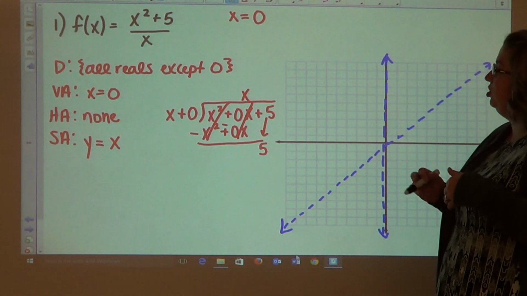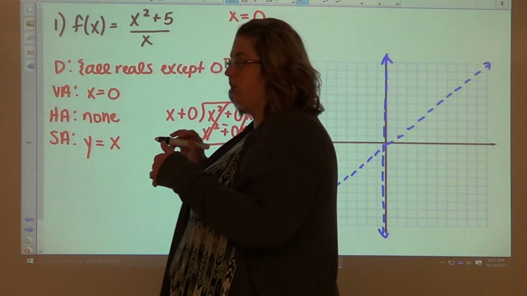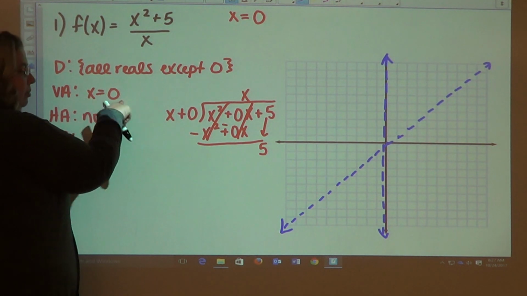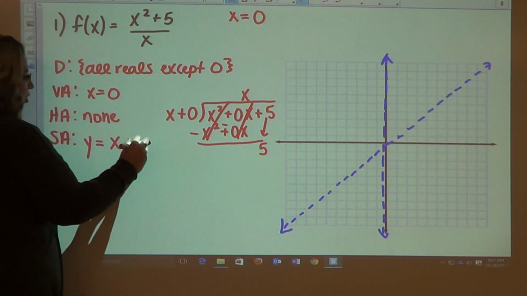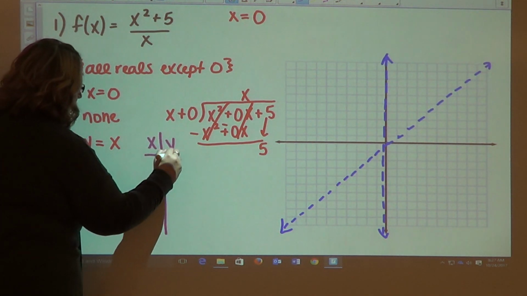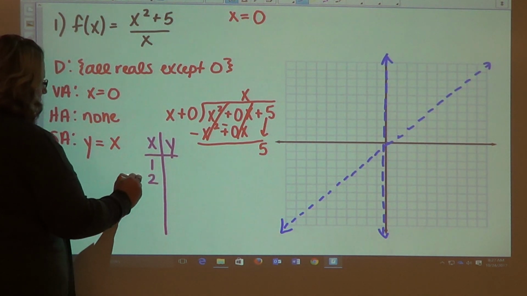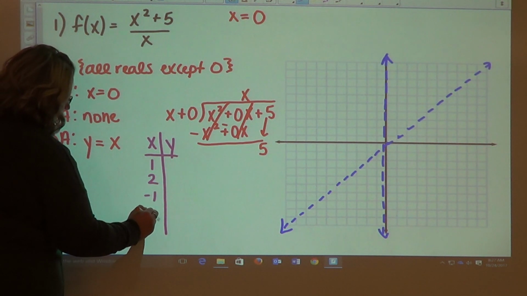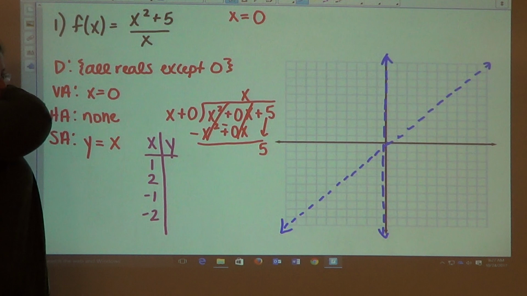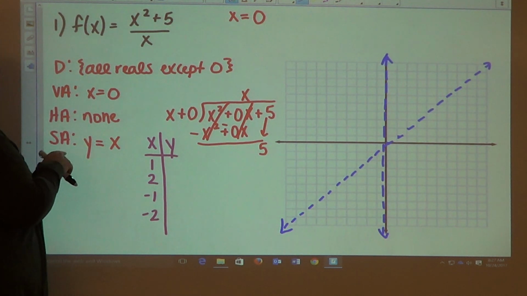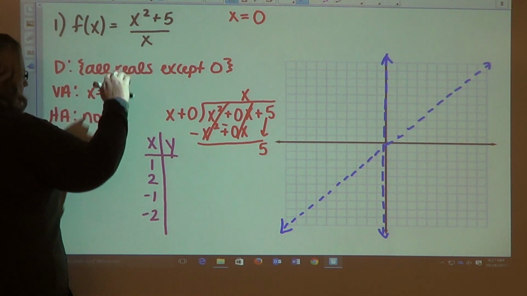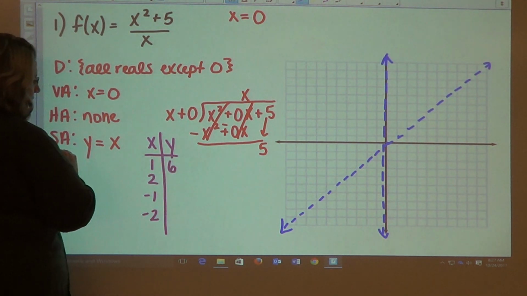To get your points, you're still going to do what we did yesterday. So I'm still going to pick 2 points bigger and smaller, so greater than and less than your vertical asymptote. So I'm going to plug in 1 and 2 for the greater than, and -1 and -2 for the less than. When I plug in 1, I would get 6 on top divided by 1, which is 6.